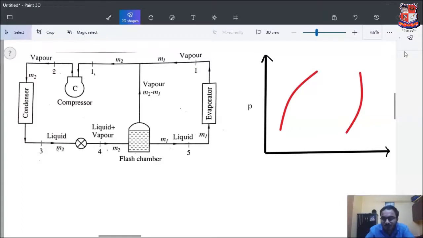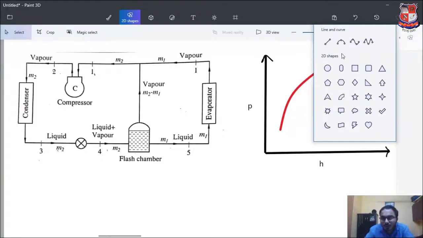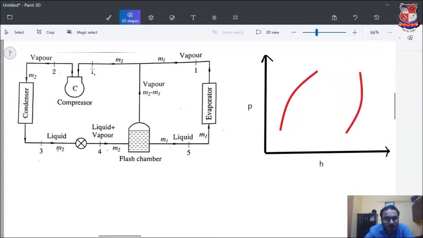Here this was h. Now we will start in this figure, let us say with point number 1. As you can see, from point number 1 to point number 2 compression is happening, and we will assume that point number 1 is purely saturated vapor, and we will return to that point at the end of this theory.